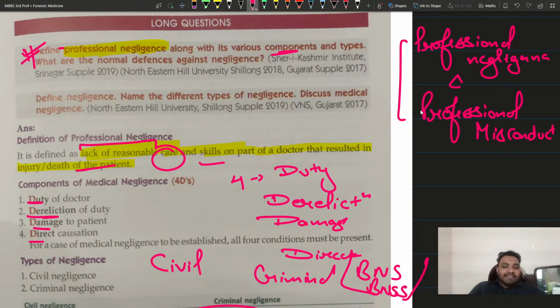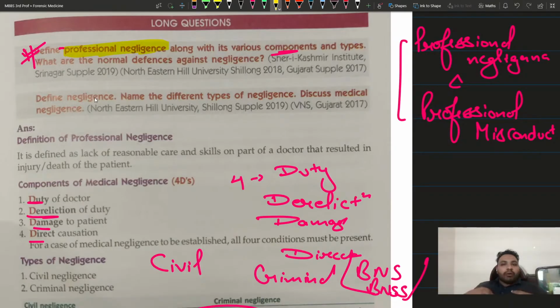Let me give you the definition. Professional negligence is defined as a lack of reasonable care or skill on the part of the doctor that results in injury or death of the patient. This session is going to be in English as well as in Hindi, so it's going to be easy for you to understand.